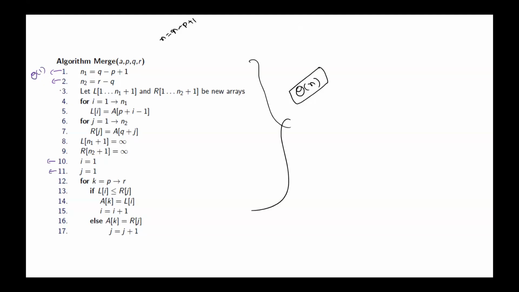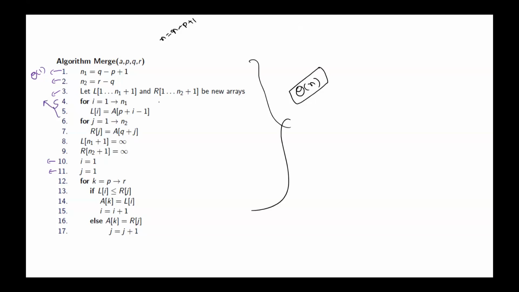What is the time for step 3? If you are not able to say it clearly, for steps 4 and 5, it is order of n.